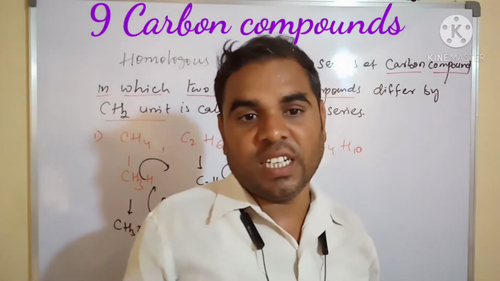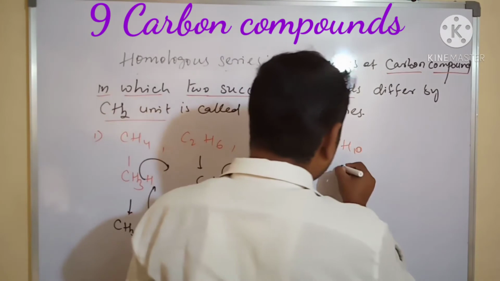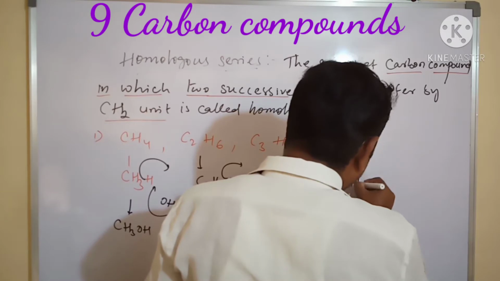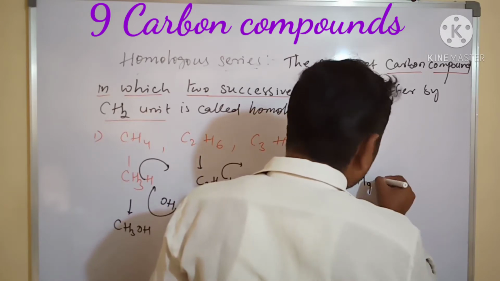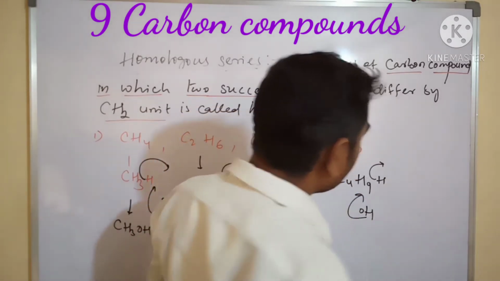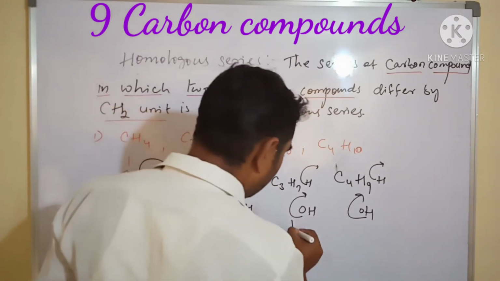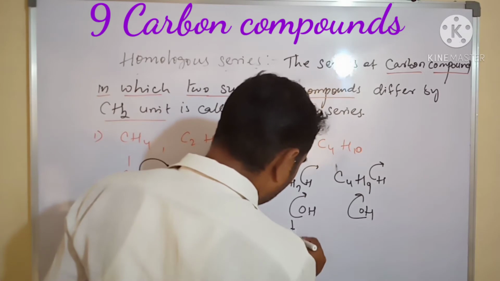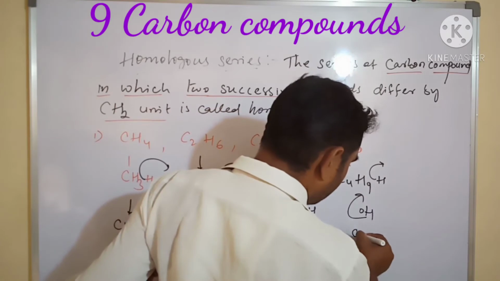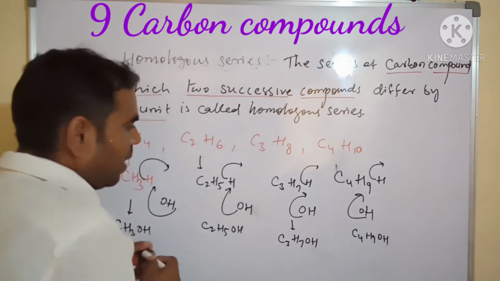Next, C4H9 plus H: it replaces the H and adds the OH group, giving C3H7OH. Here also C4H9OH.